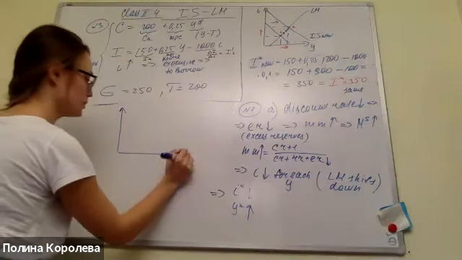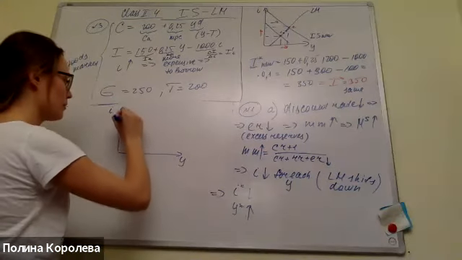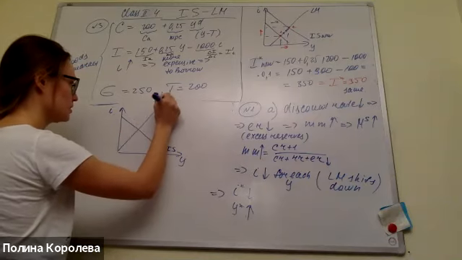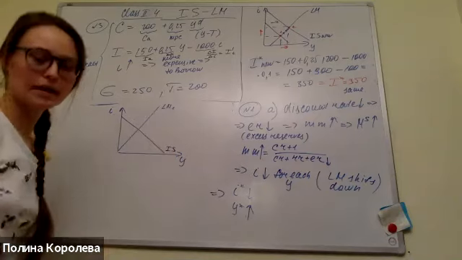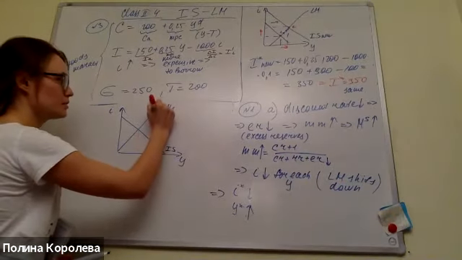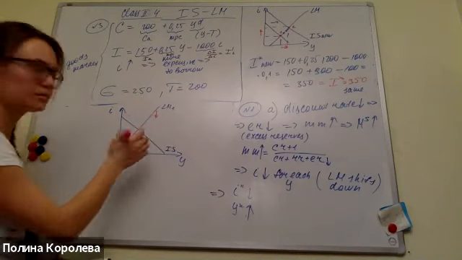So here GDP, here interest rate. As we have said, IS like this, LM was like this, LM1, and now the liquidity money curve shifts down. So interest rates are lower for each GDP level, yes?